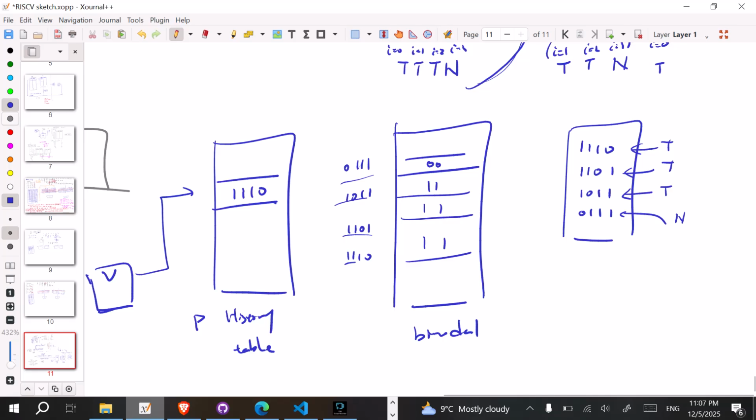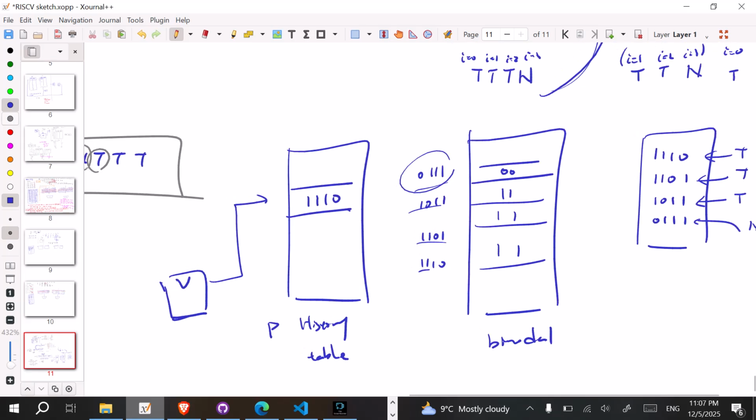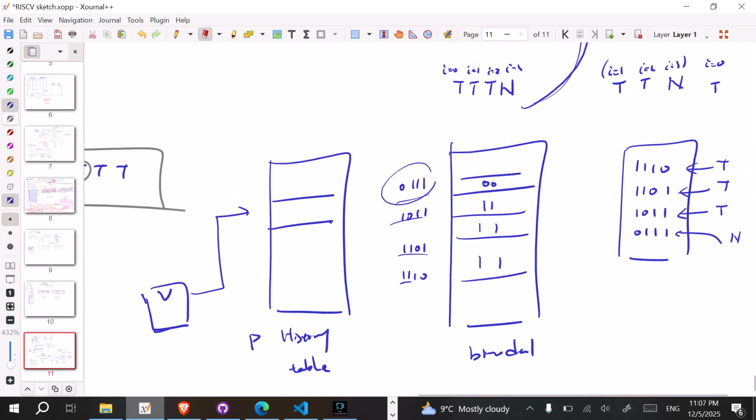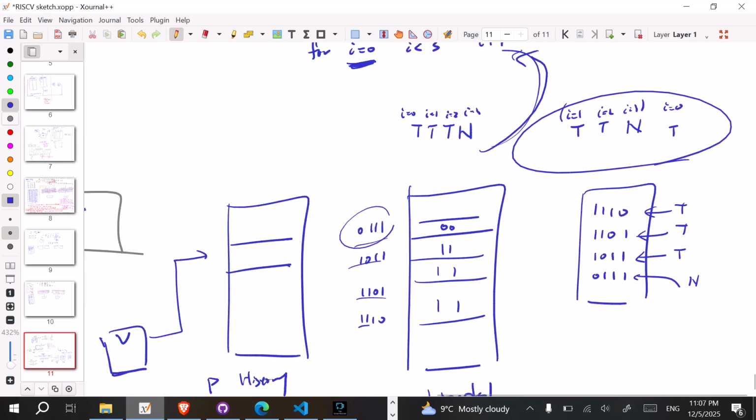So instead of a PC taking the average, now I'm specifically caring about each specific pattern. Note that each time I point to this address, it's going to update, as I mentioned, like a shift register. So it becomes 1 1 0 1, and now I look up, okay, 1 1 0 1, taken, wonderful.